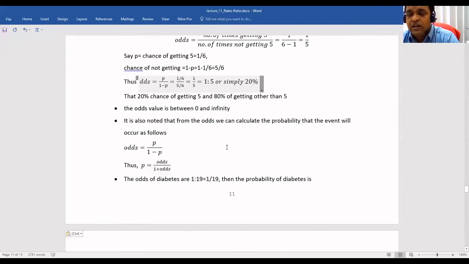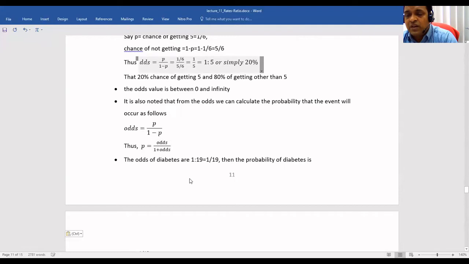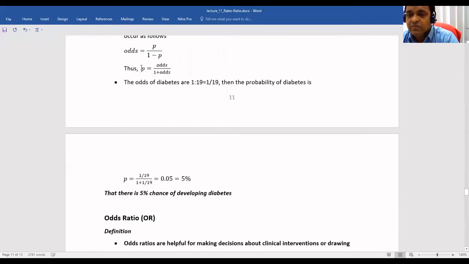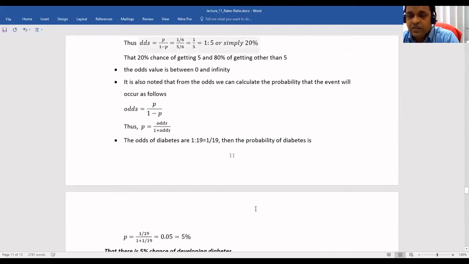Let us say the odds of somebody getting diabetes is 1 over 19, that is 1 to 19. So what is the probability of getting diabetes? Odds 1 over 19 divided by 1 plus 1 over 19 gives 0.05, or 5%. So there is a 5% chance of developing diabetes. So from the odds, we also get the probability.